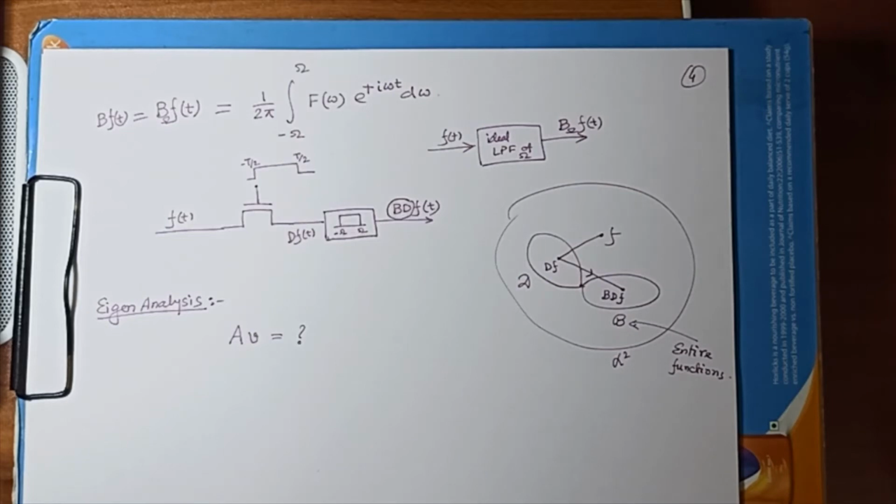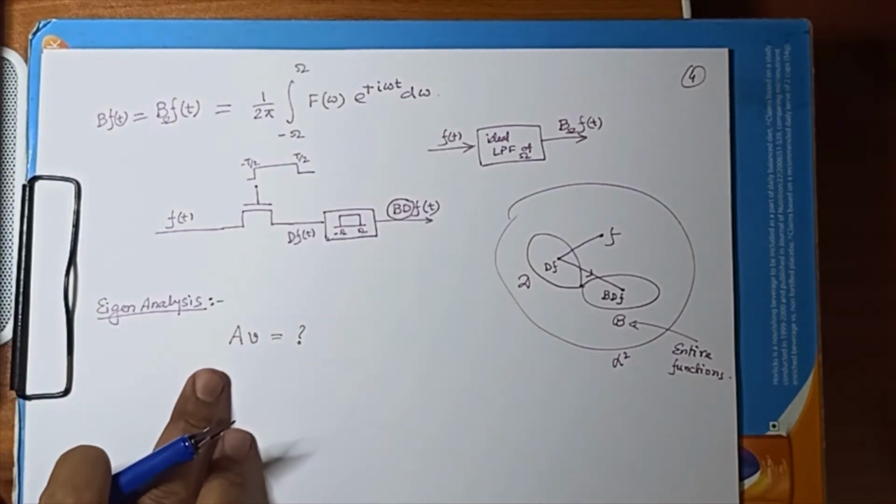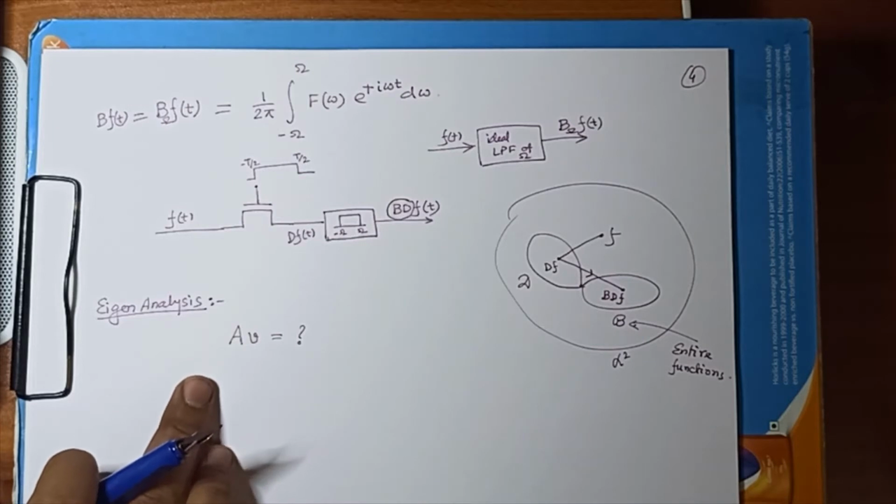I want to know what amplitude and what direction the resultant vector will have. It will be easier to understand this matrix, this operator, if we know whether there is any vector in the vector space such that if I apply my operator on that vector, the direction at least remains the same.